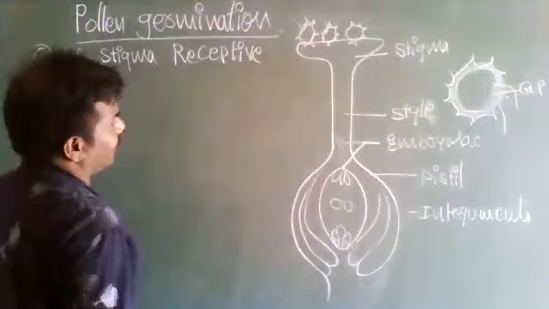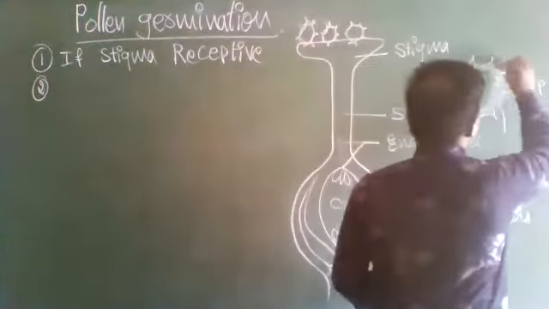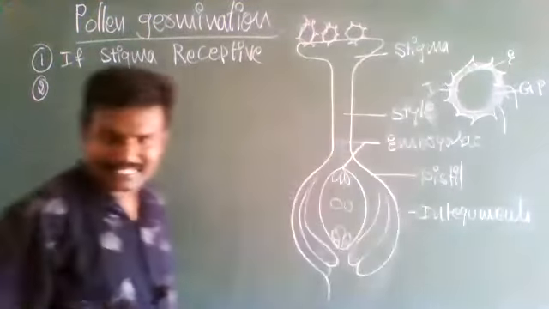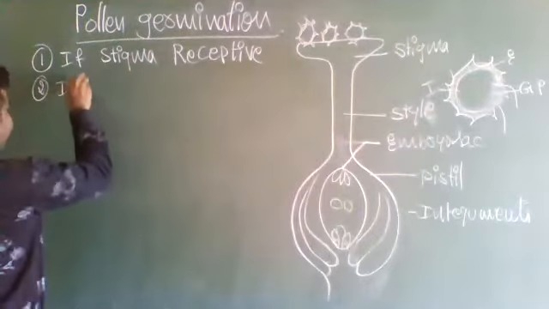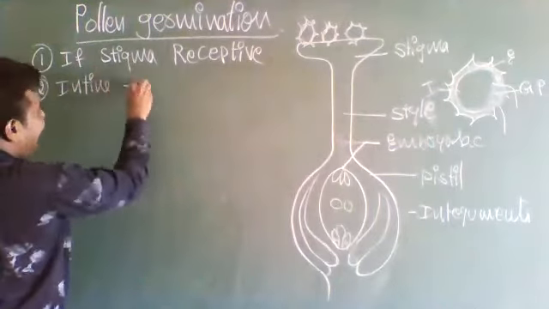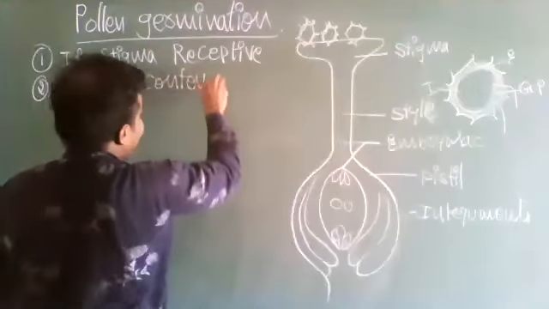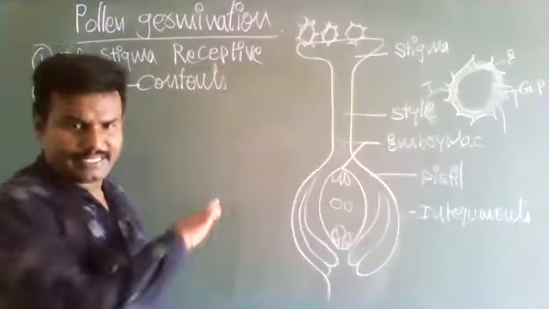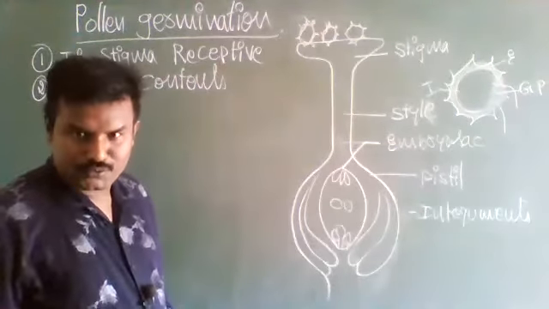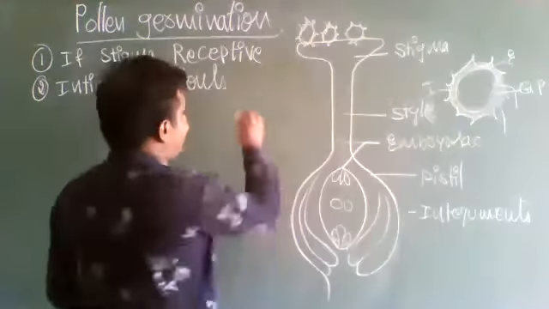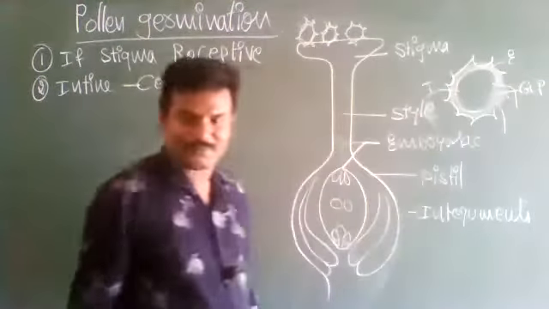Okay. So first, the outermost part is exine, the inner part is intine. That we also discussed. The intine, along with its contents, emerges out from the germ pore.